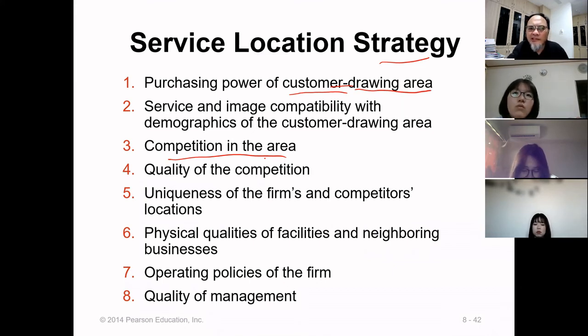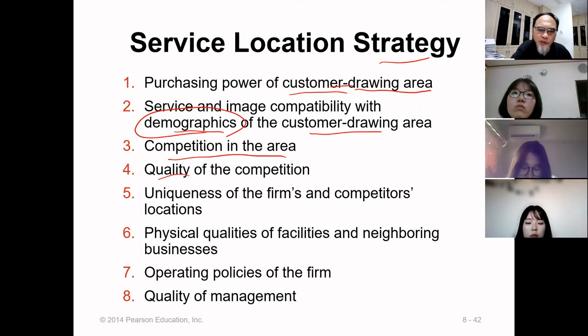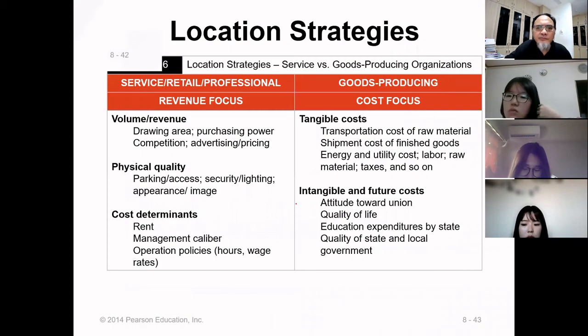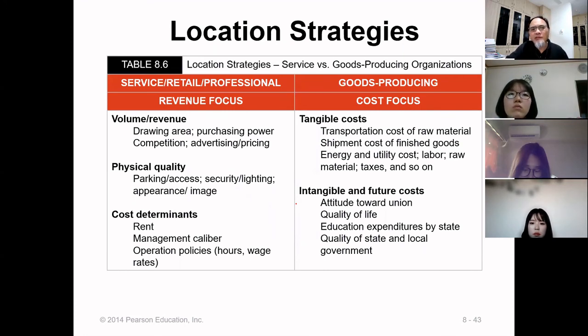So you need to actually know the customer drawing area, many customers. And then service and image compatibility with the demographics of the customer drawing area, whether it is high end, low end, middle end, okay? Demographics. Competition, quality of the competition, uniqueness of the firms, physical qualities, operating policies, quality of management. And these are the things that are considered.